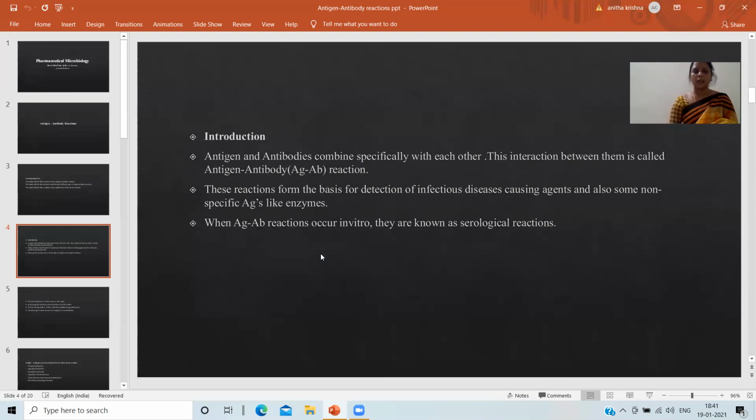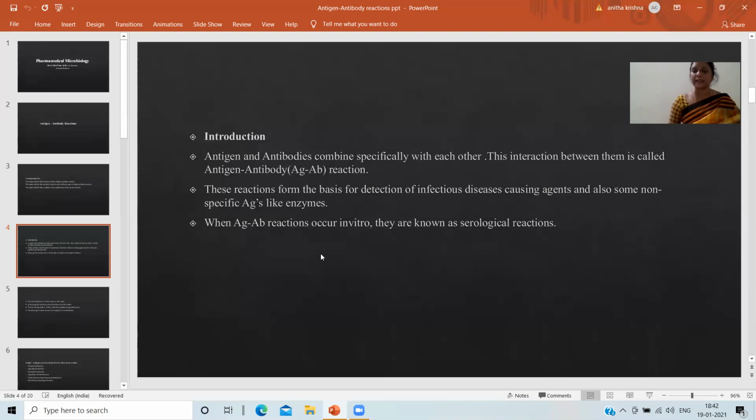A large number of these bonds are required to form a strong bond between an antigen and antibody. So the antigen antibody reactions are very specific in nature. As I said, since antigen is specific to antibody and antibody is specific to antigen, upon exposure to a specific antigen, the antibodies interact with that particular antigen and form an antigen antibody complex.